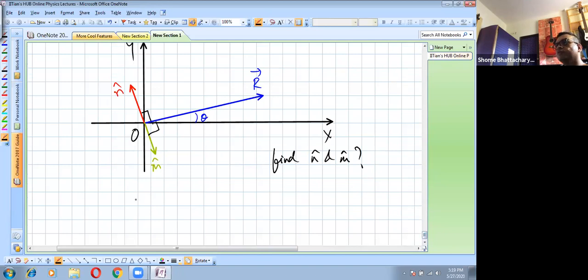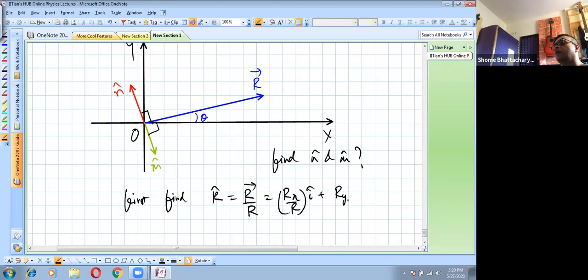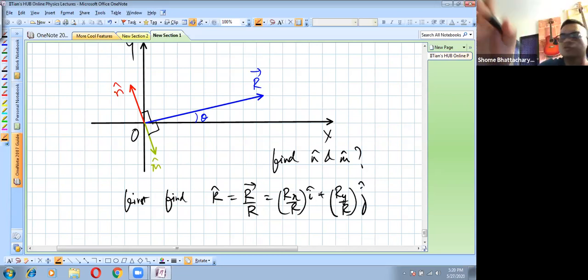What we do for this is first find r cap, which is the vector r divided by its own magnitude. So that will be rx by r i cap plus ry by r j cap. Whatever values of rx and ry we have above, use those values and from that you get this.